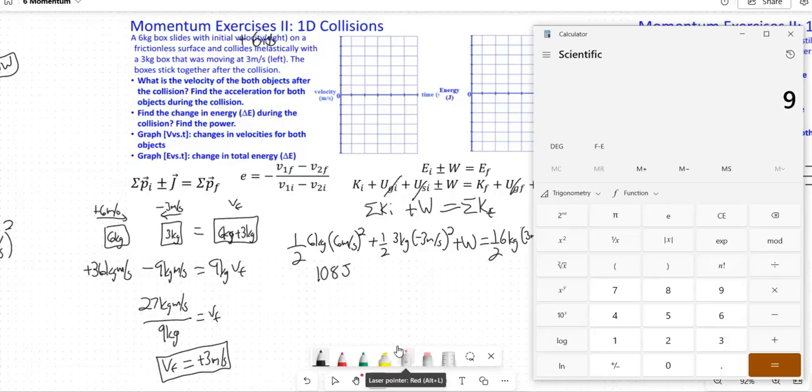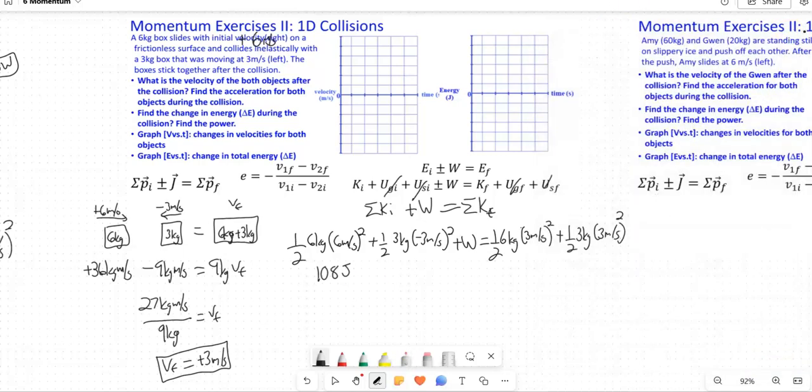So 9 times 3 divided by 2, 13.5. So plus 13.5 joules. I don't think your problems have fractions in them, mind you. So that's going to be 9 times 3, which is going to be 27 joules.